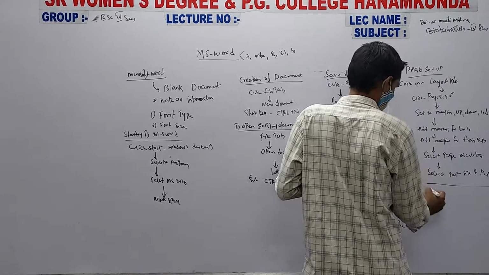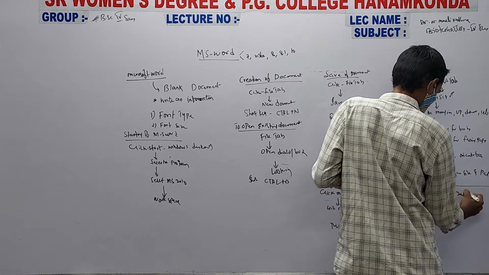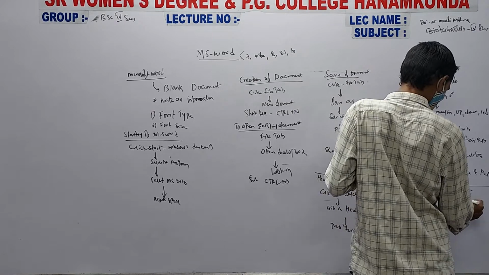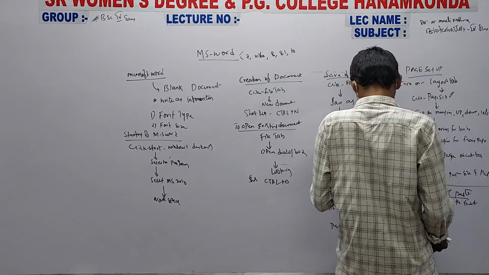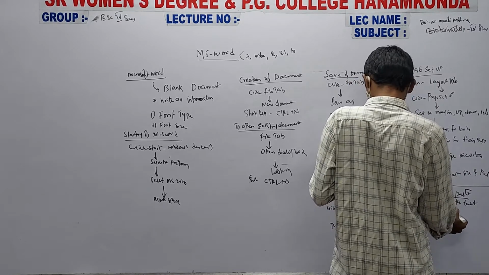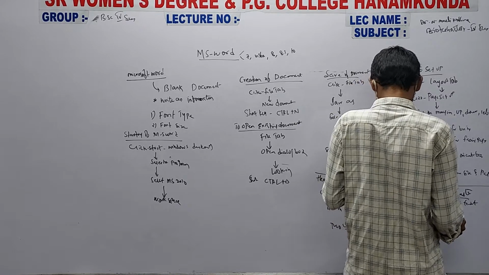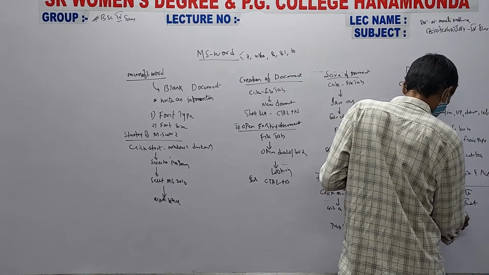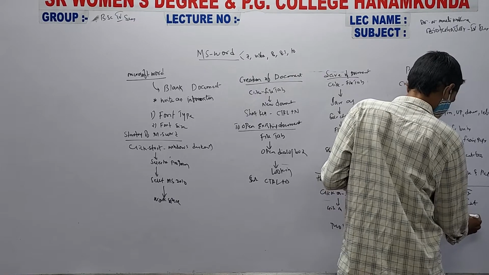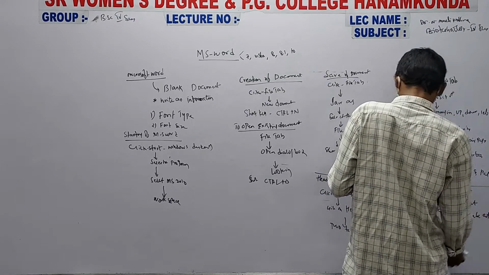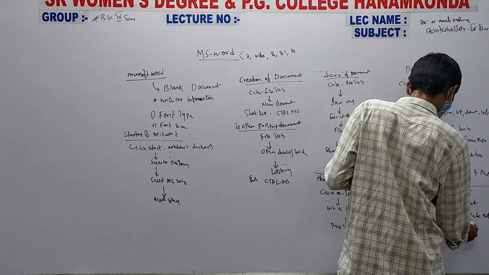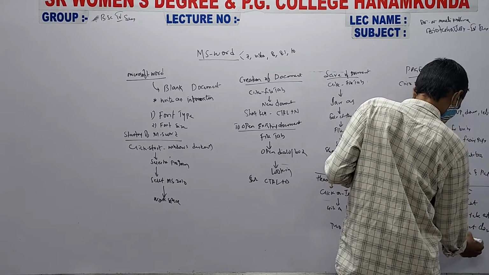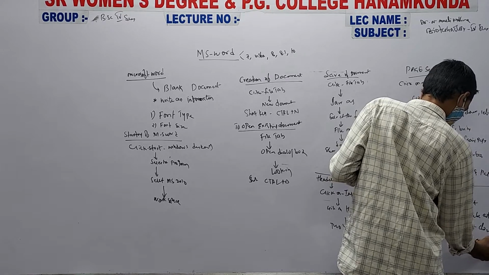Next, cut and paste. In this, select the text, and after selecting the text, go to the home tab, cut, and next go to the target place, go to the target document, go to the home tab, and paste.